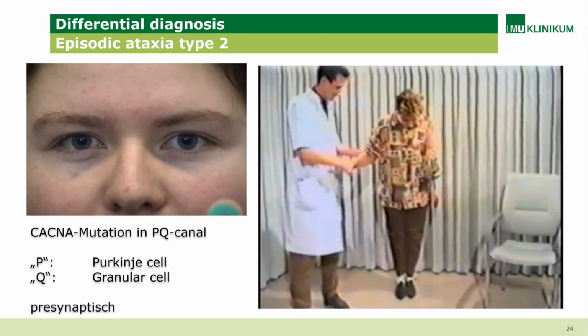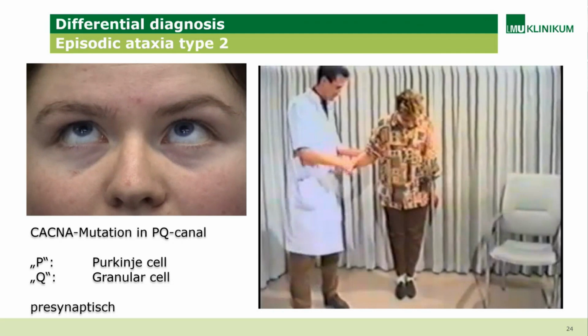Okay, so that is just history taking as we do it every day in the clinic. But this is again on the dynamics, on the triggers, and on the accompanying factors. This patient ended up having episodic ataxia type 2, which is a differential diagnosis also for vestibular migraine, but it is a genetically determined syndrome.